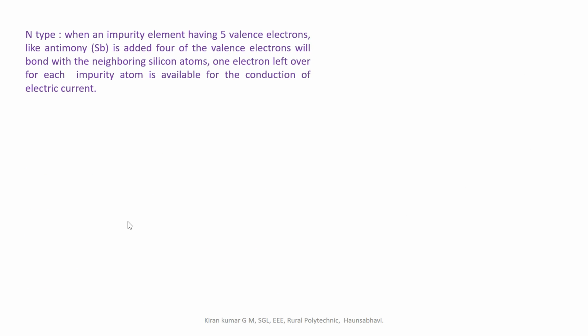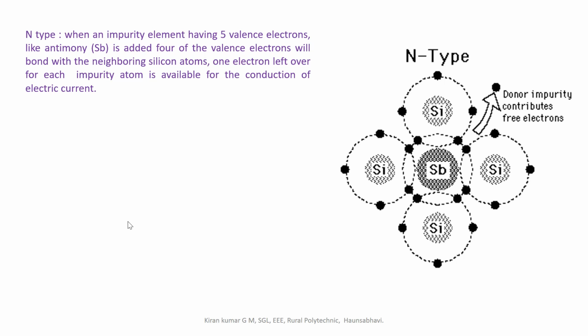The other type of extrinsic semiconductor is the n-type semiconductor. This is the result of doping a pentavalent impurity substance like antimony into a pure tetravalent semiconductor, as each impurity atom is surrounded by 4 neighboring silicon atoms.